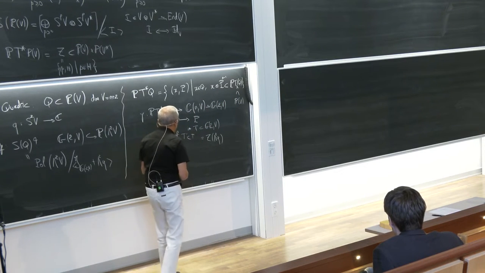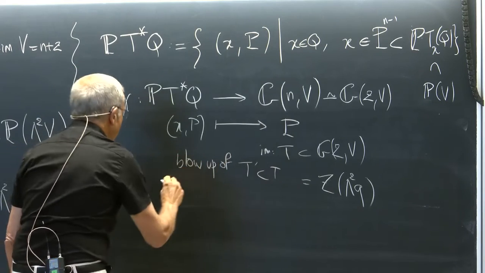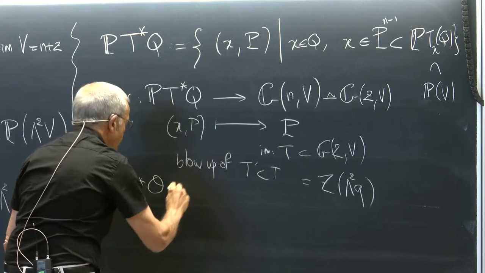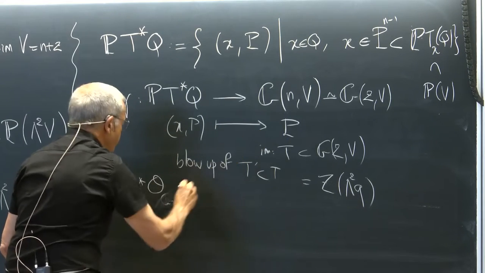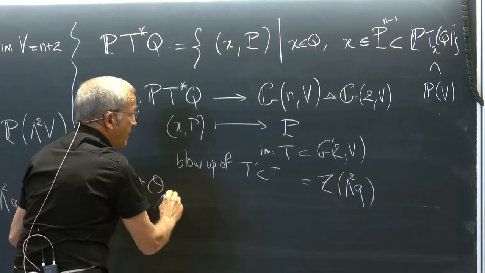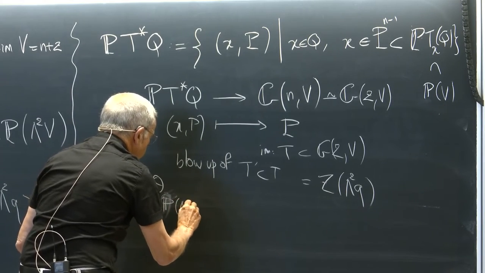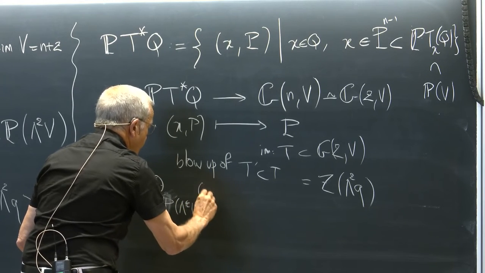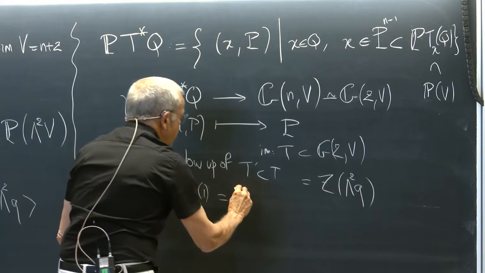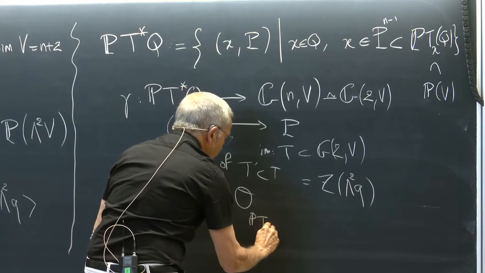And the last step is to show that gamma star of O of 1 on the Grassmannian, which gives the Plücker embedding of P of wedge 2V, O of 1, is exactly the tautological line bundle here.